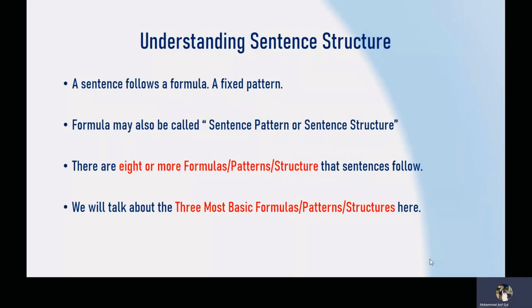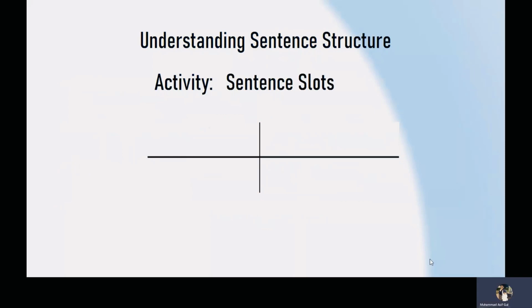And we will be learning these 3 most basic formulas through an activity known as sentence slots. Here you can see that we have a horizontal line and it is bisected by a vertical line. On the left side of this vertical line, we will have subjects of the sentences, and on the right side of this vertical line, we will have the predicates.